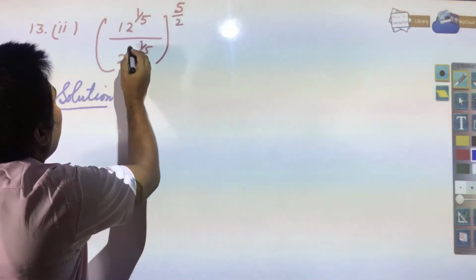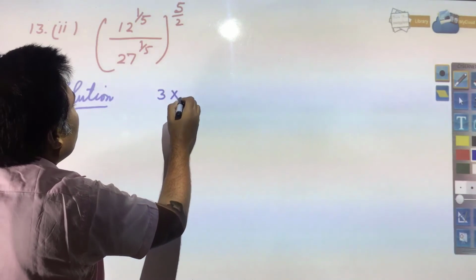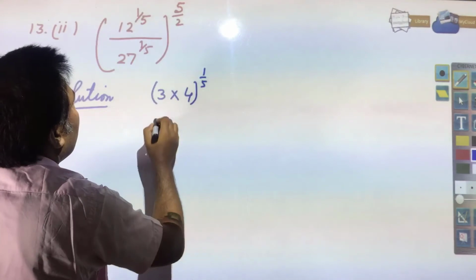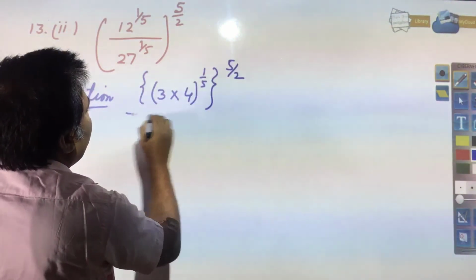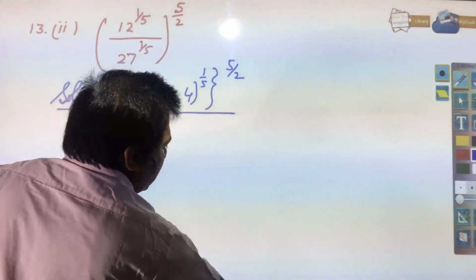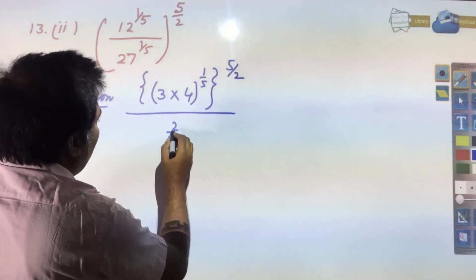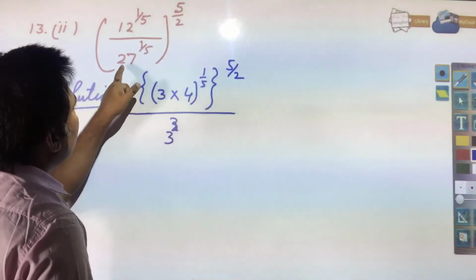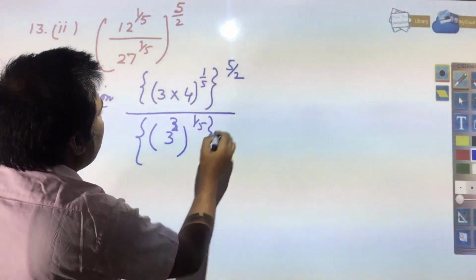This can be written as, here you see 12 can be written as 3 into 4 and to the power 1 by 5 and to the power 5 by 2 divided by 27 can be written as 3 to the power 3, 3 3s are 9, 9 3s are 27, to the power 1 by 5 and whole to the power 5 by 2.